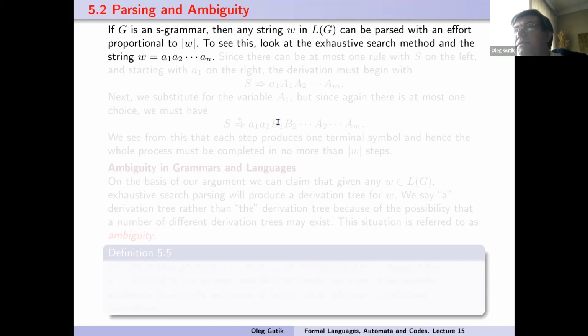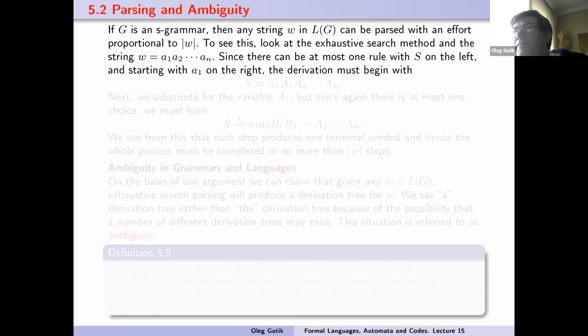To see this, look at the string W = a1 a2 ... an. There can be at most one rule with S on the left and starting with the symbol a1 on the right. The derivation must begin with S → a1 A1 A2 ... Am.